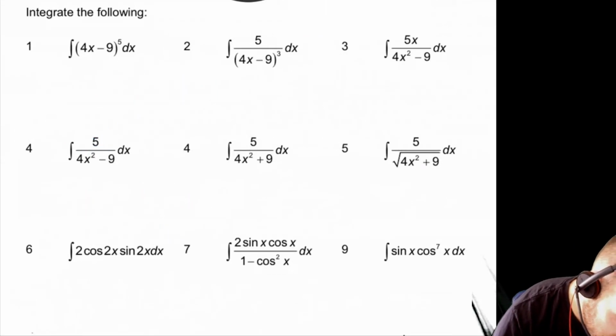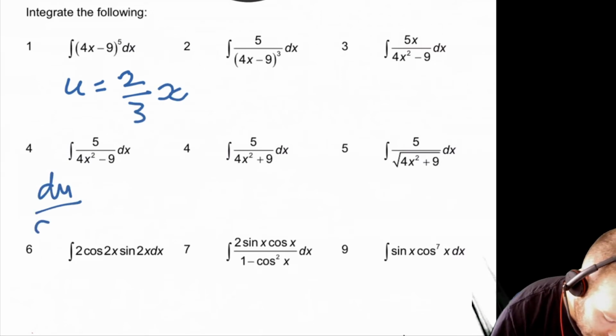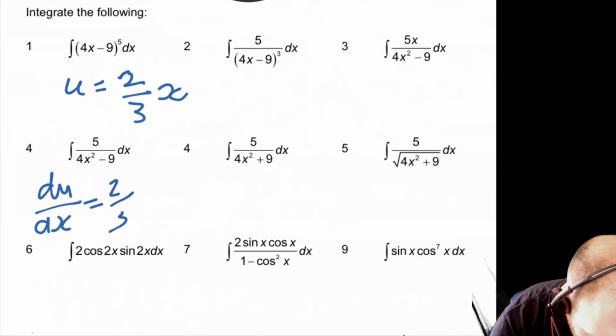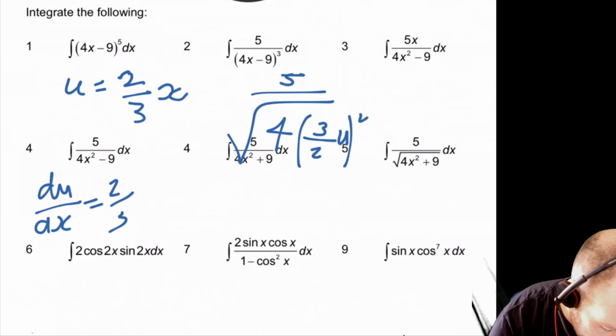So u is 2/3 x, du by dx is 2/3. So we're going to get 5 over the square root of 4 lots of (3u over 2) all squared plus 9.